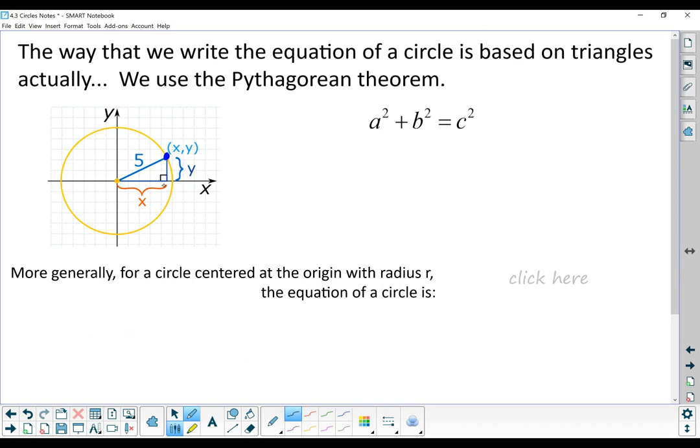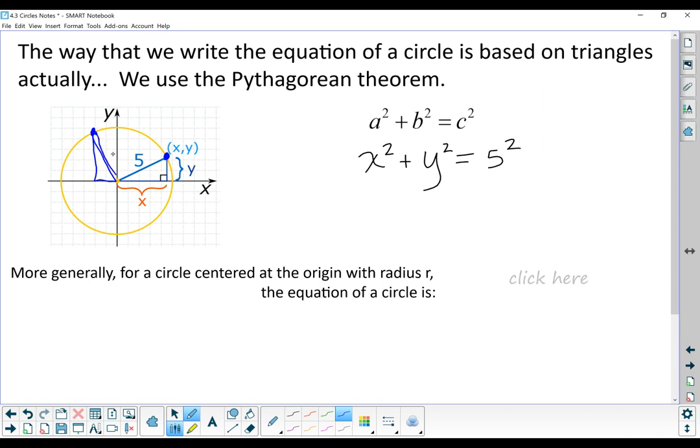And for this particular little triangle here, we would have the leg squared plus the other leg squared is equal to the hypotenuse squared. And the circle you could think of is made of all these points on the edge, and for each point on the edge we could build a right triangle.